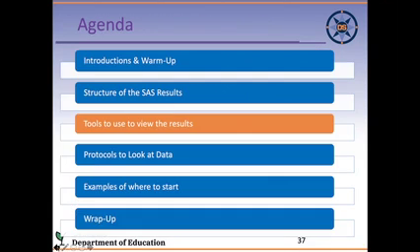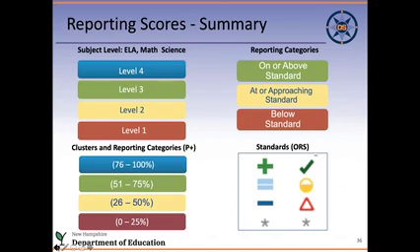And then the clusters are in these 4 levels. So you get the number of points versus the number of points that you were given. Since this test is adaptable, everybody has their own number of points for each cluster. And in the ORS, it gives you the key to what each of these mean.